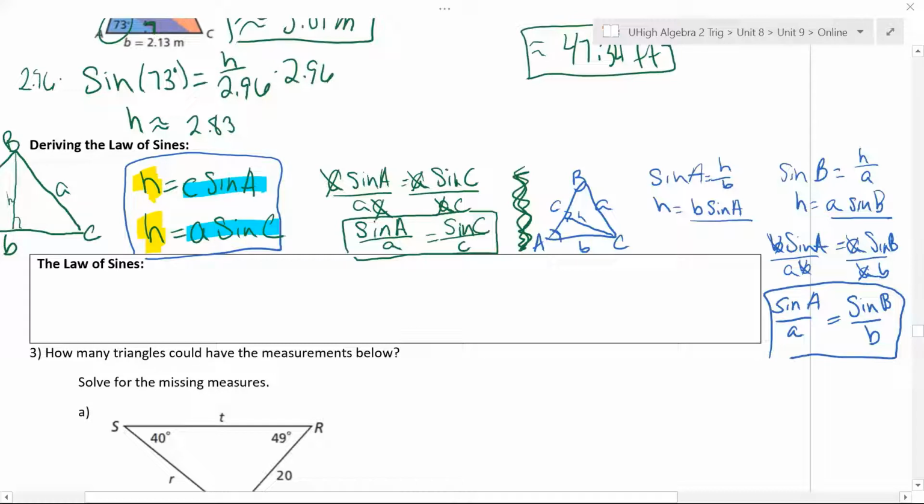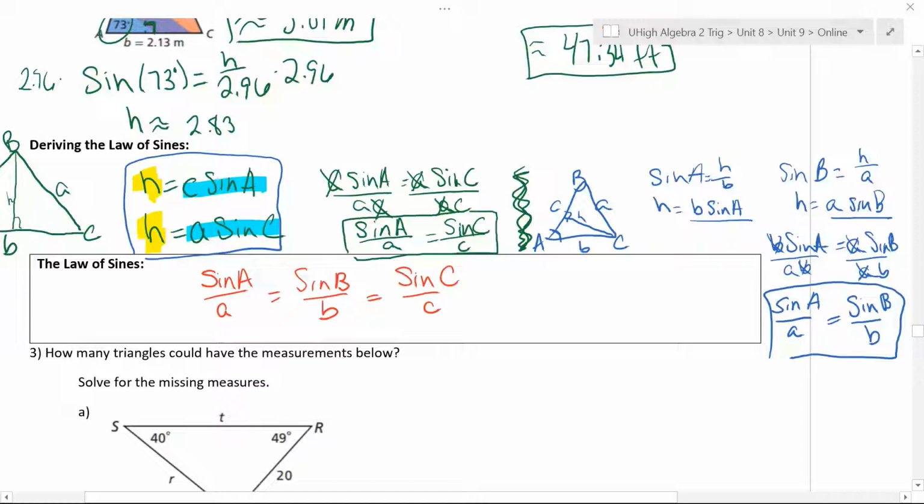So what I can write here is that the sine of A over lowercase a equals the sine of B over B, which is equal to the sine of C over C. So we have this ratio that we can look for in all of our side lengths and angles.